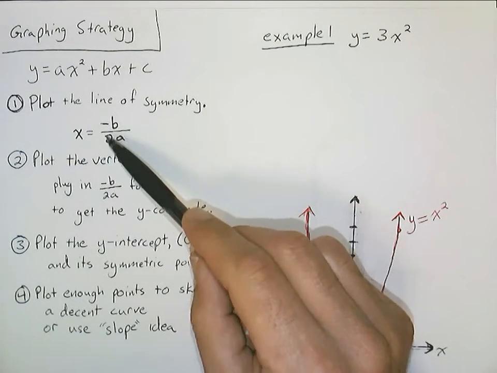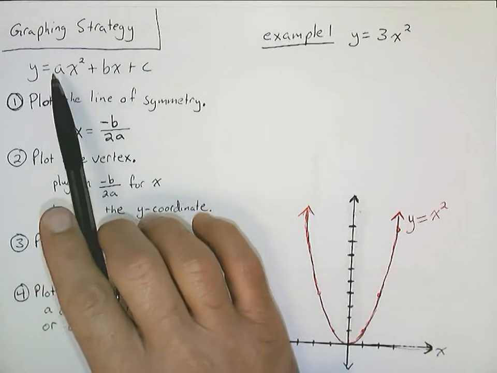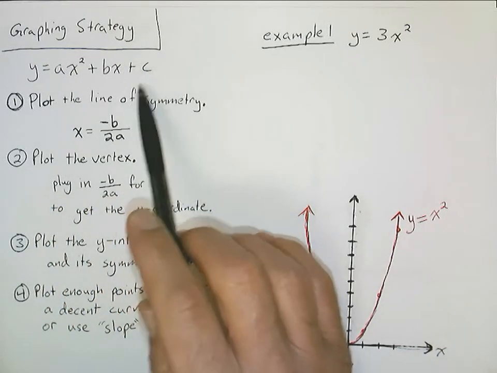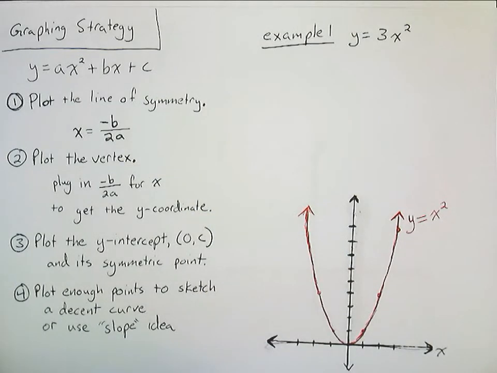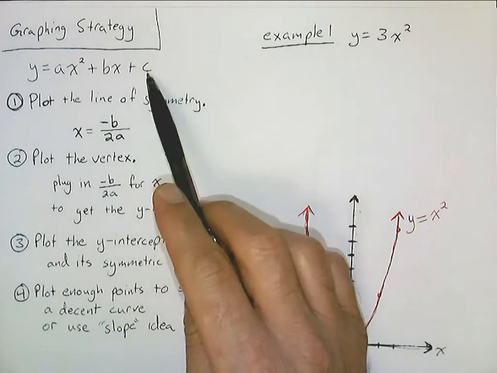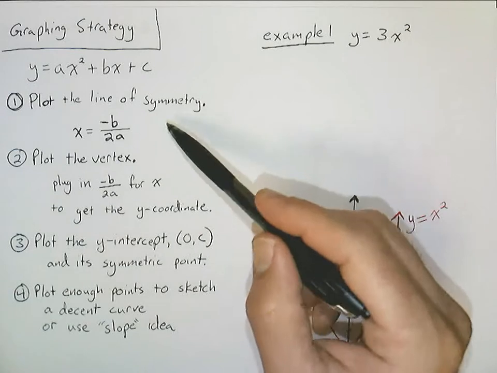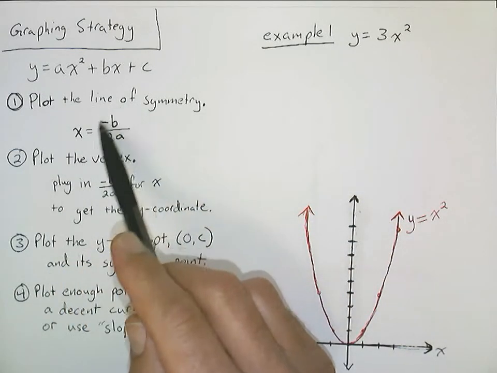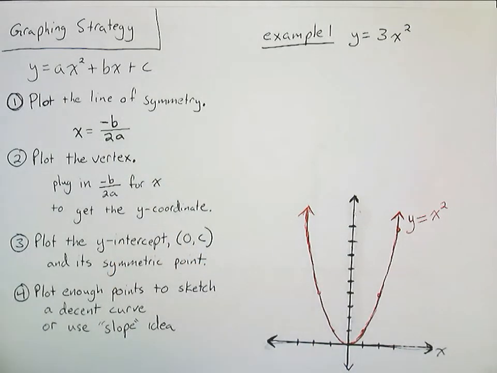X is equal to negative b over 2a, where a is the coefficient of x squared, b is the coefficient of x, and well, c doesn't appear in that formula for the line of symmetry, but c is just the constant term. So once we figure out what the line of symmetry is, we'll notice that's x equals a number. That's going to be a vertical line. So all quadratic equations are going to have a vertical line of symmetry.